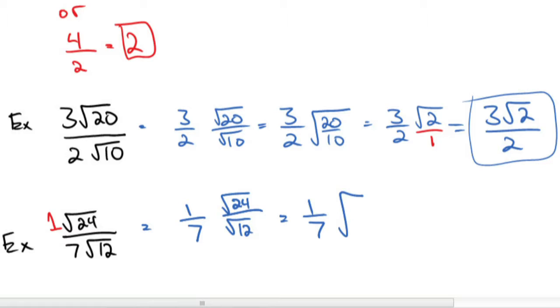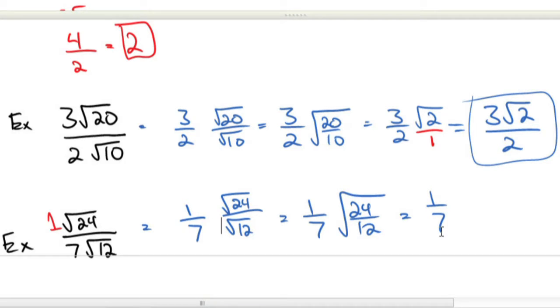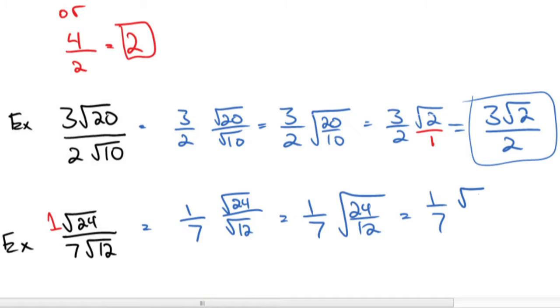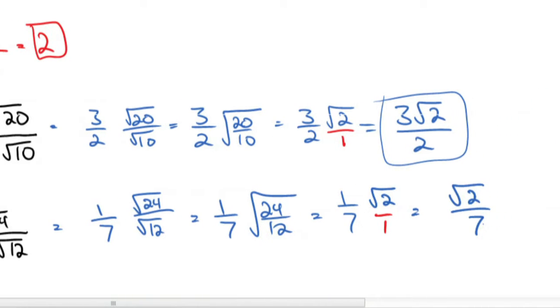I'll write it all under one big radical sign. And then 24 divided by 12 is just going to give me square root of 2. So it's going to work out like the one we just did above. So the square root of 2 can be written over 1. And we end up with root 2 over 7.